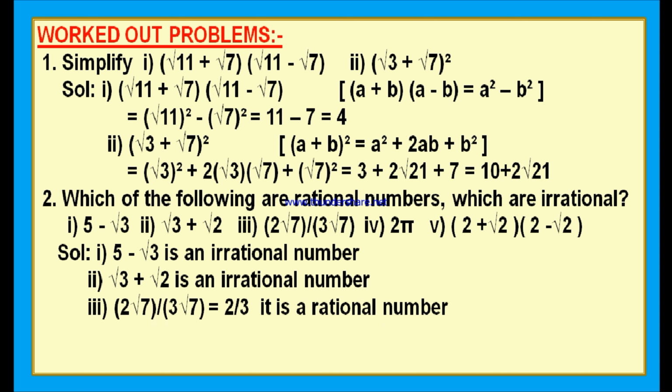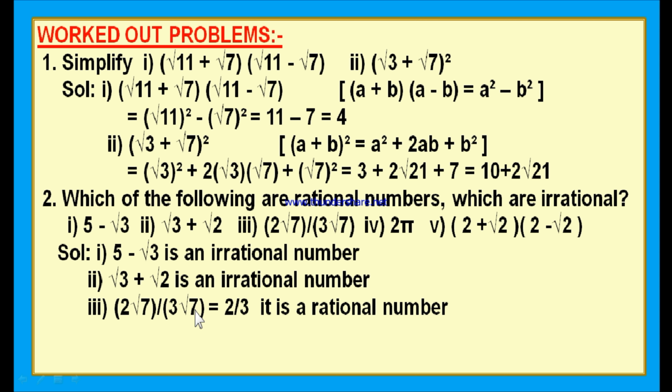And look at the third bit. 2 root 7 divided by 3 root 7. In division, you can cancel this root 7 and root 7. In numerator 2 root 7 means 2 into root 7. And in denominator, 3 root 7 means 3 into root 7.